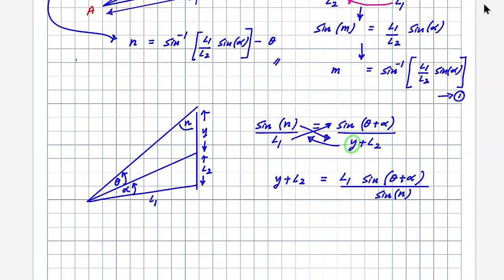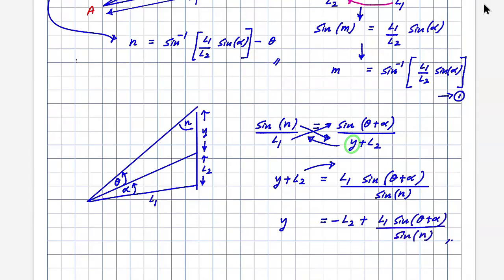Look into this carefully. So now you can subject y is equal to, you bring this one to this side. When you bring this one to that side, it's going to be minus L2 plus L1 sine theta plus alpha divided by sine n.